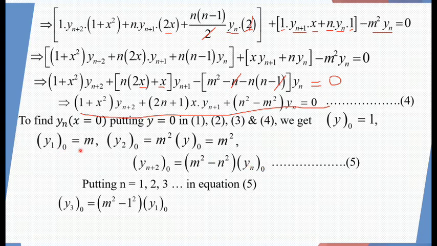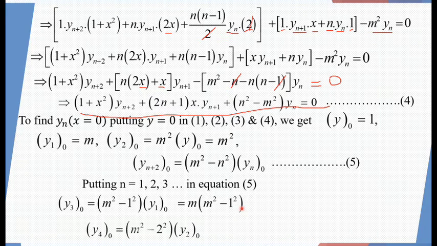But the y1(0) is m. So y3(0) will be m into (m square minus 1 square). Now putting n equals to 2, y4(0) is equal to (m square minus 2 square) y2(0). But the value of y2(0) is m square. So y4(0) will be m square into (m square minus 2 square).